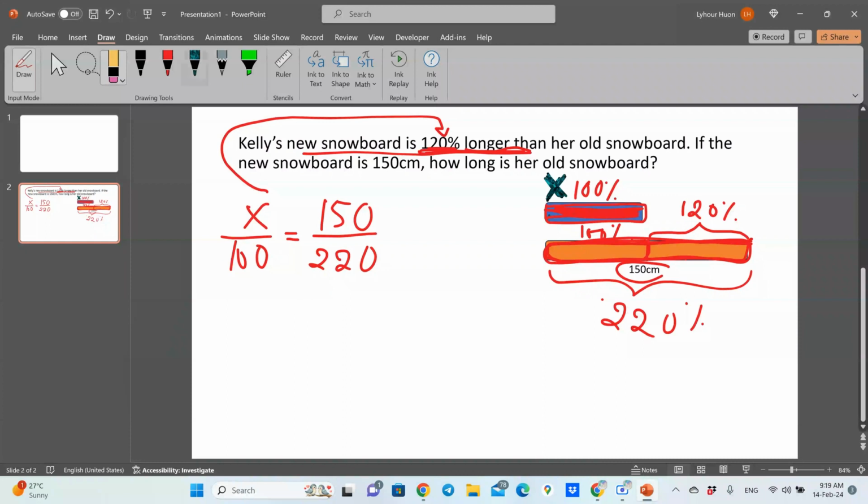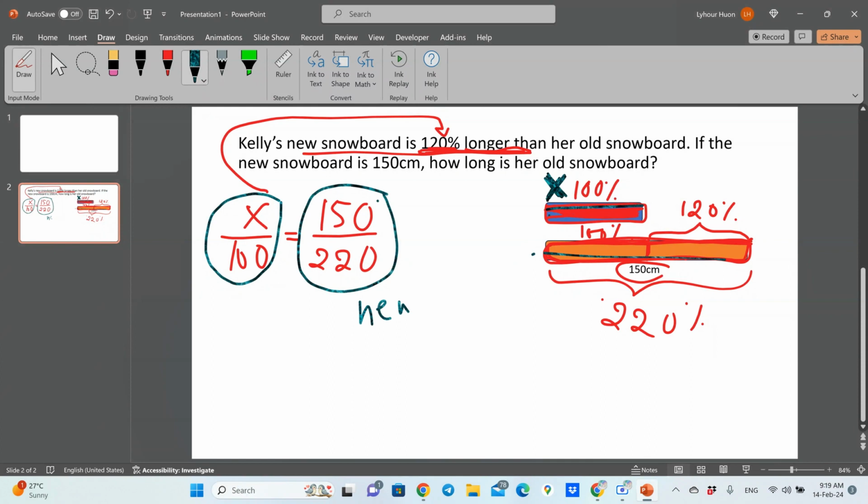The left is the relationship of the old snowboard, and the right is the relationship of the new snowboard. They are proportional to each other.